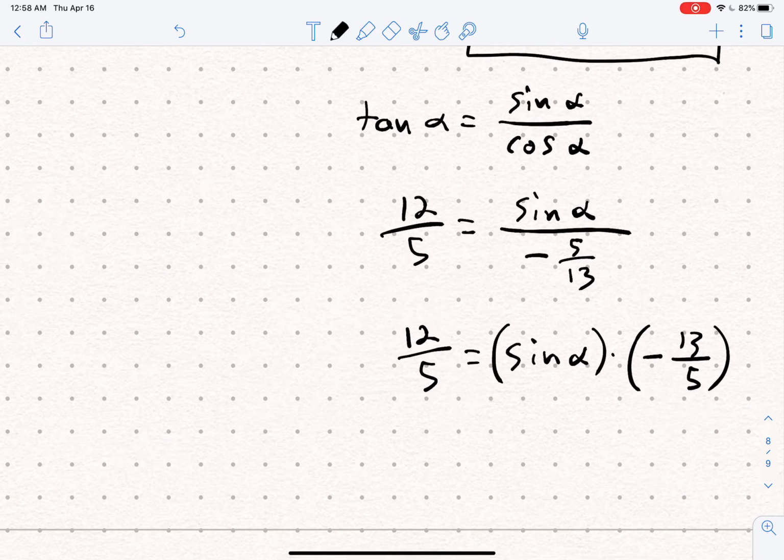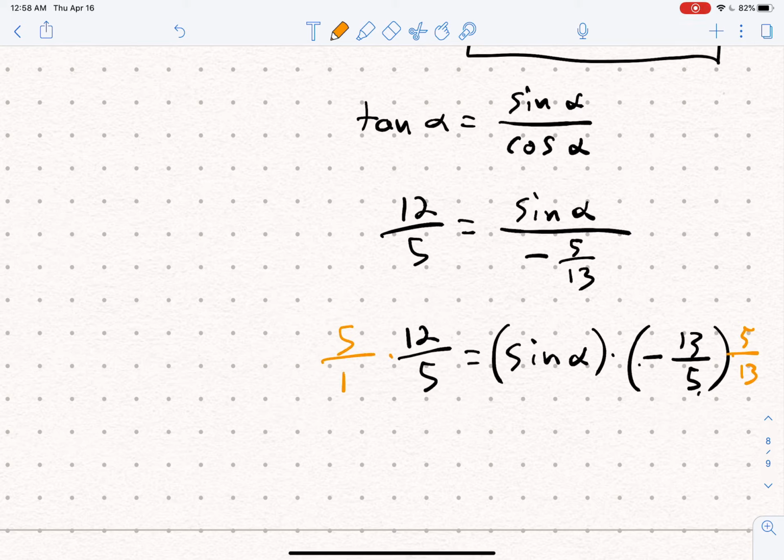And we're trying to get the sine of alpha. We want to know what sine of alpha is equal to, so we just have to get rid of this negative 13 over 5. You can think of doing this in a variety of different ways. You can divide by the fraction 13 over 5, or you can multiply by 5 over 13.